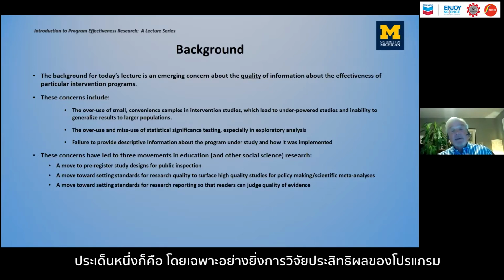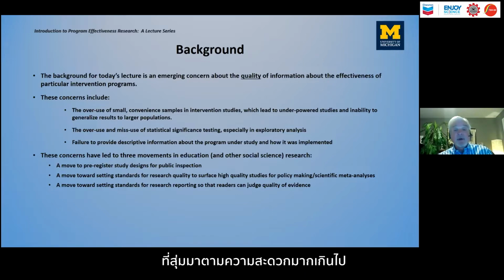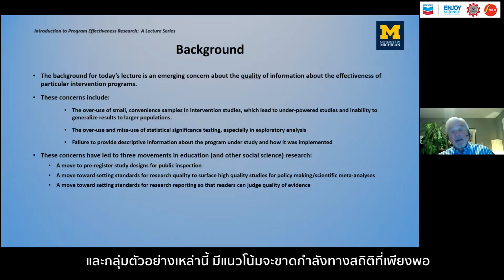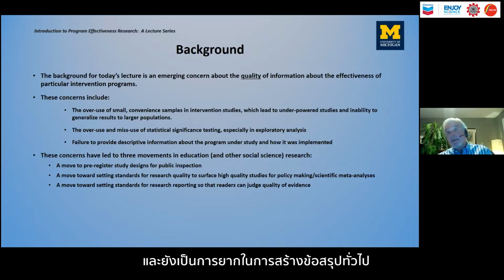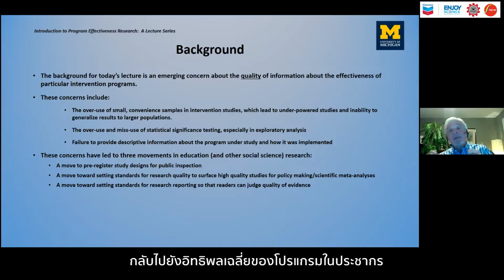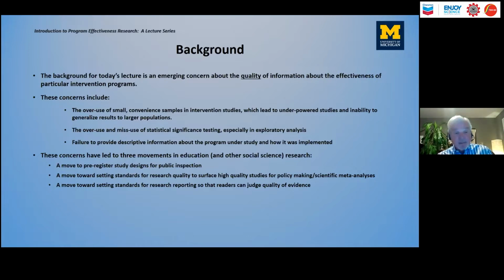One is that program effectiveness studies in particular tend to overuse small convenience samples. And these samples tend to lack adequate statistical power and also make it very difficult to generalize from the sample average treatment effect to the population average treatment effect that you want to make an inference about.